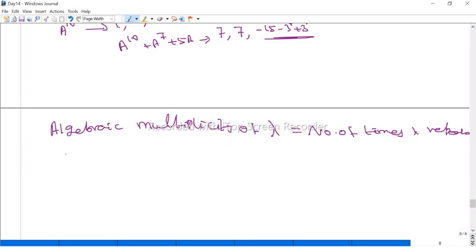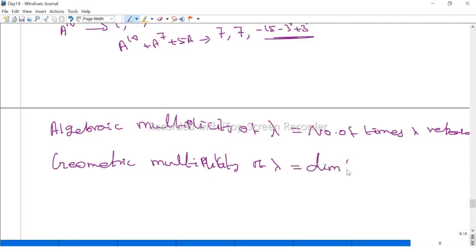Now, what is the geometric multiplicity? The geometric multiplicity of the eigenvalue lambda is nothing but the dimension of the null space, or the kernel, of T minus lambda I, or A minus lambda I, depending on what we take, and suppose we take A, because A is a linear transformation.